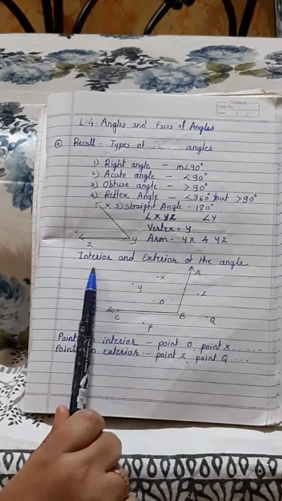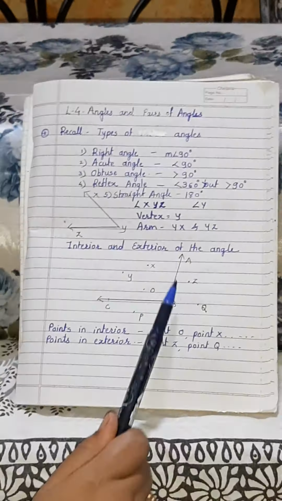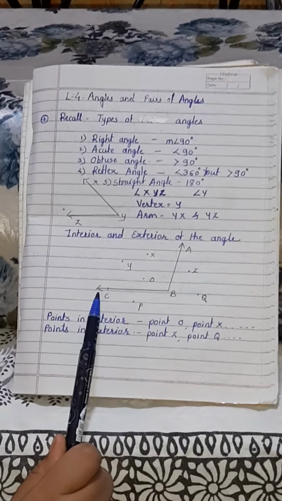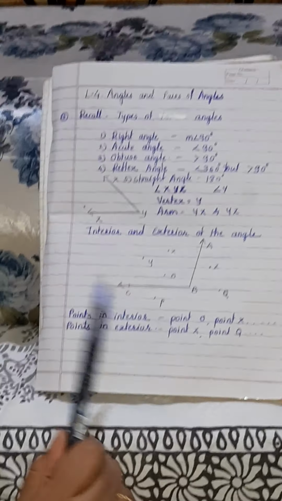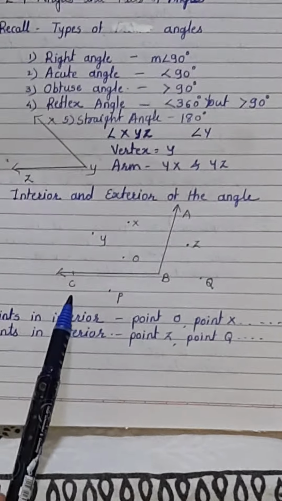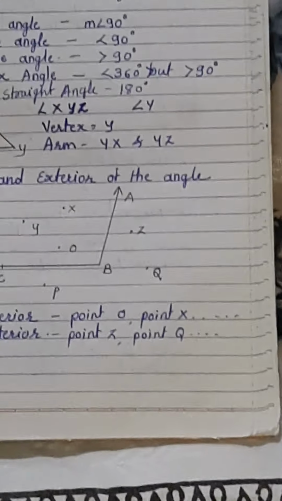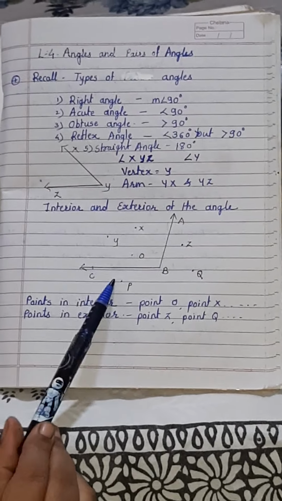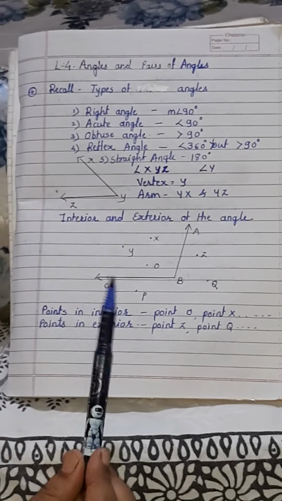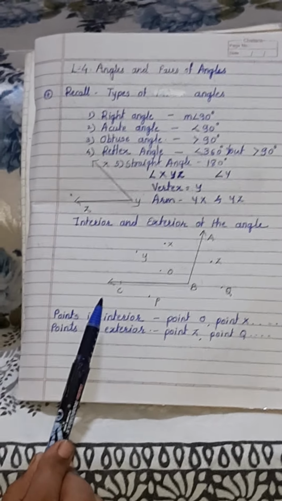Next part is interior and exterior of the angle. Here one angle I have drawn. Angle ABC. We can say this angle CBA also. We can denote it this way also. So there are some points in the interior and the exterior. Which are the points in the interior?